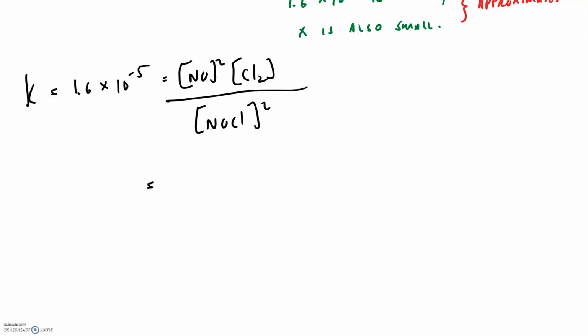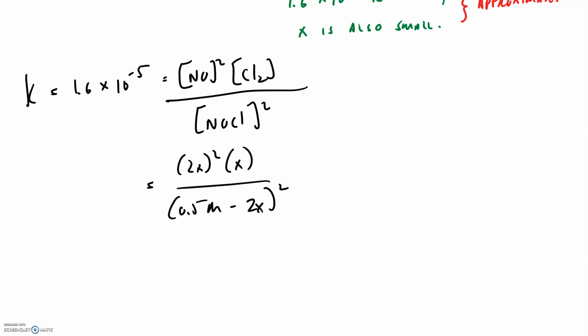If we wrote this out without approximation, we'd get 2x squared up top times x. And on the bottom, we'd have 0.5 molar minus 2x squared.